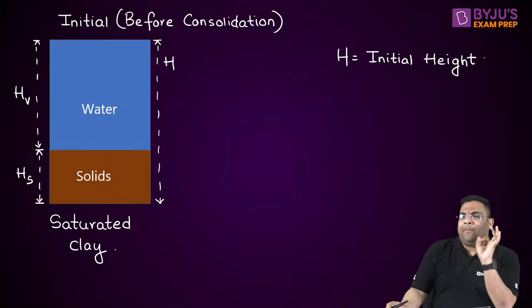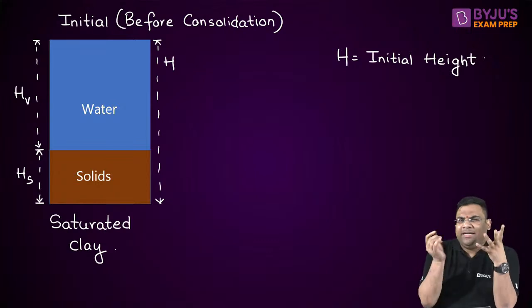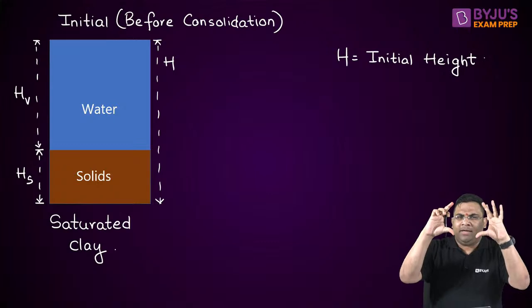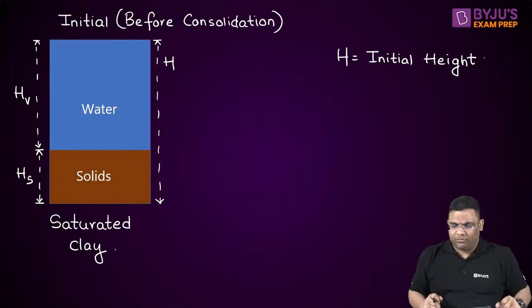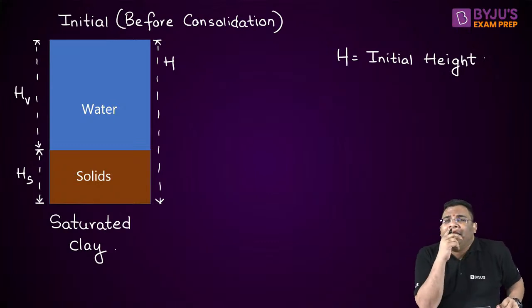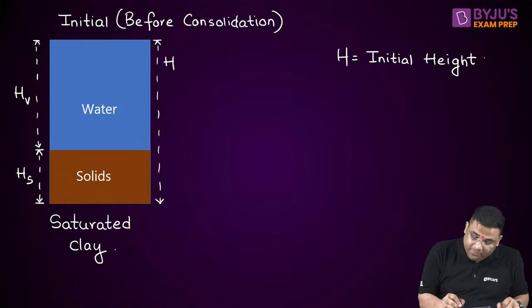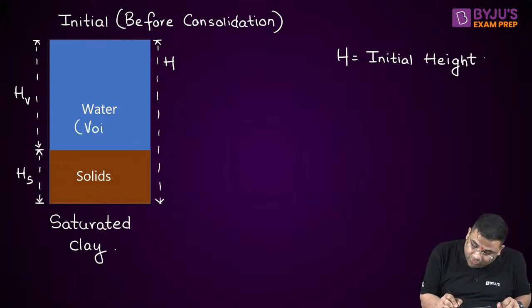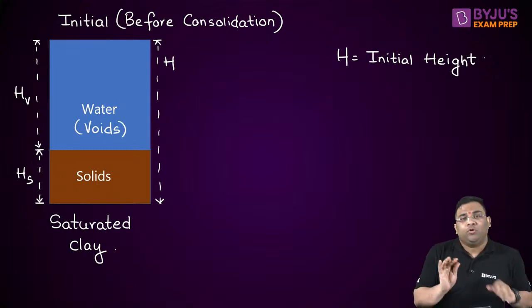Now, after consolidation, this total height will reduce, right? Yes, the soil will get compressed, so it will reduce. But the reduction will be in voids because the water will be in voids. So will the reduction be in voids or solids or both?